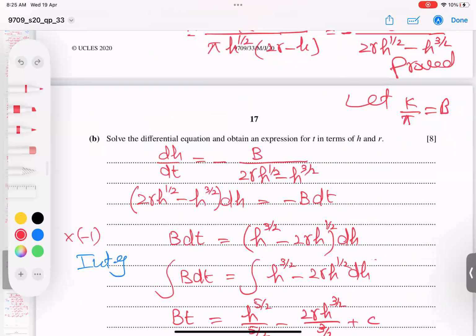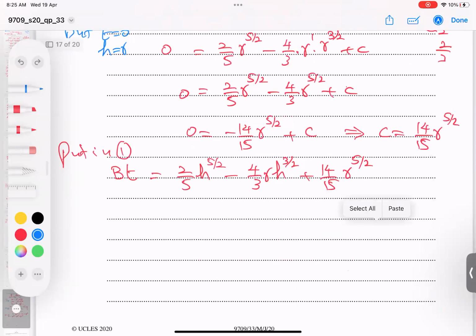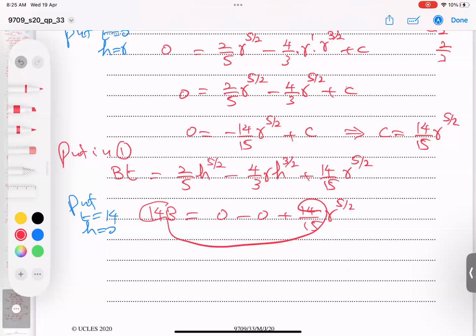t = 14, h = 0. So when I put t = 14, I got b times 2 times 14, or 14b, h = 0, 0 gone, and this left behind. So this 14 goes down and 14 cancel.